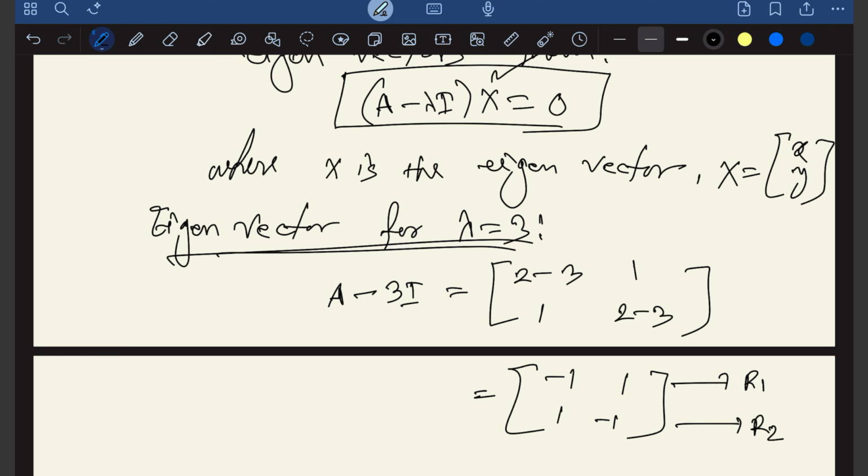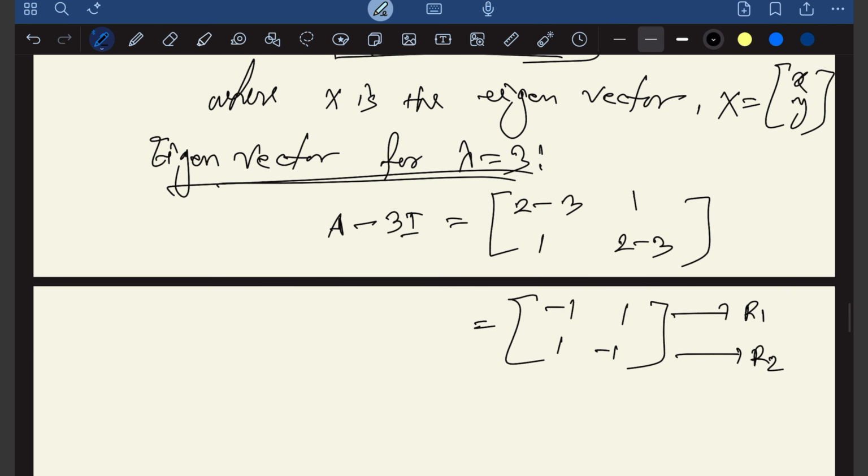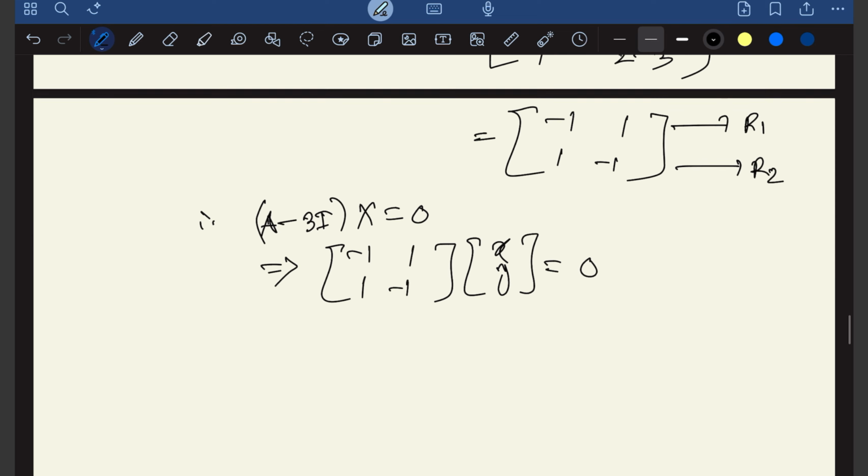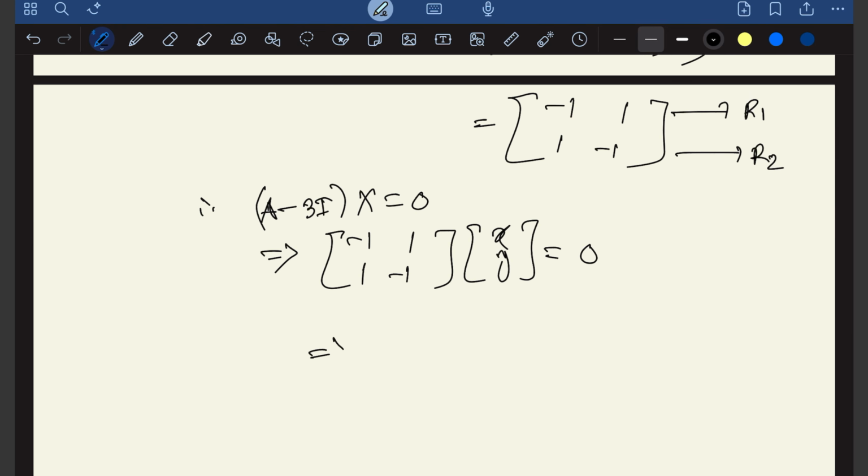So how to find the eigenvector? A minus lambda I into x equal to 0 means minus 1, 1, 1, minus 1 into x, y equal to 0, where 0 means the zero vector.